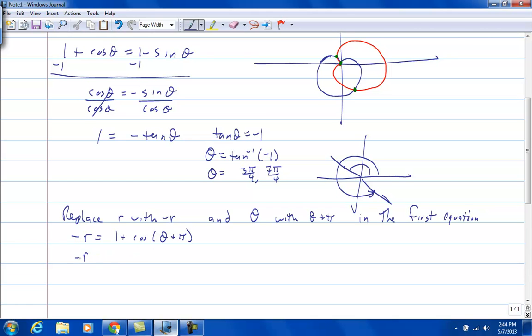So negative r equals 1 plus, and if we break that down, that's going to be cosine theta times cosine pi minus sine theta sine pi. So negative r equals 1 plus, and that would be cosine of theta times negative 1 minus 0, because sine of pi is 0.